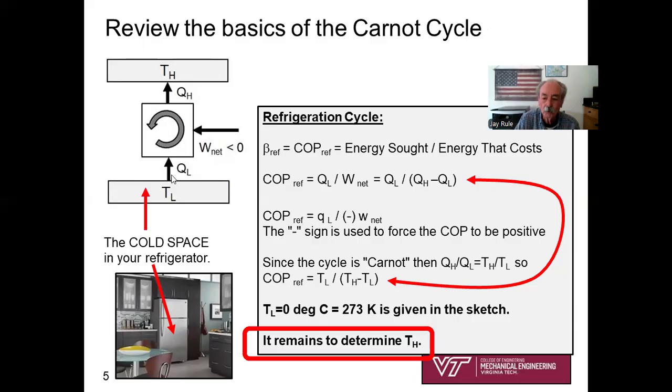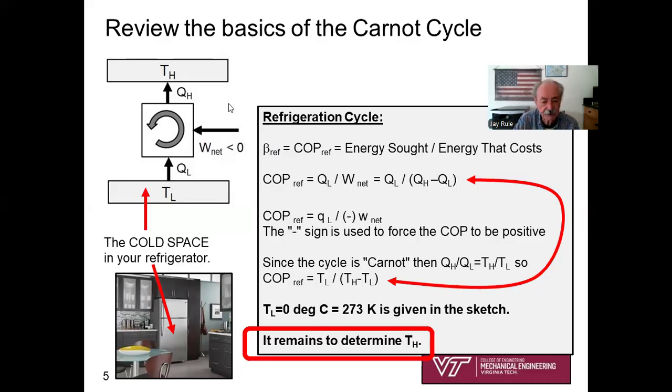In a refrigeration cycle, we're transferring heat from a cold space by way of QL up into the cycle, and then we're transferring heat up to a hot reservoir, TH, and we have to invest a certain amount of work. So W out net is less than 0. We've got to invest work to make that happen in the real world.